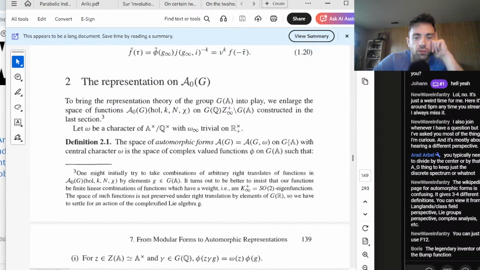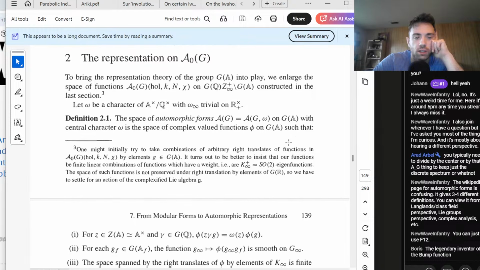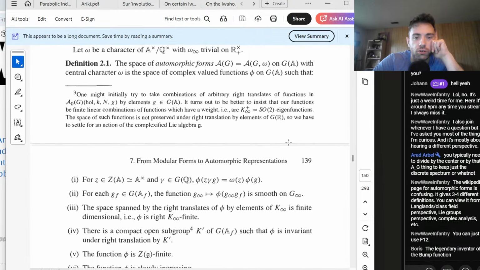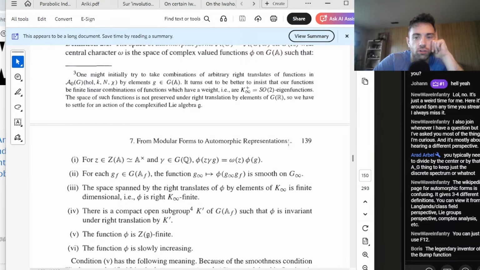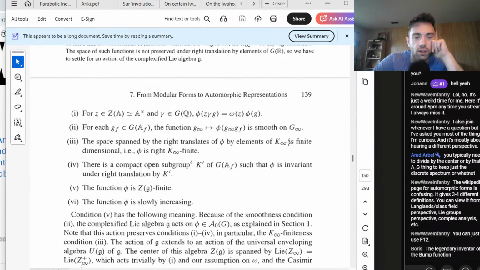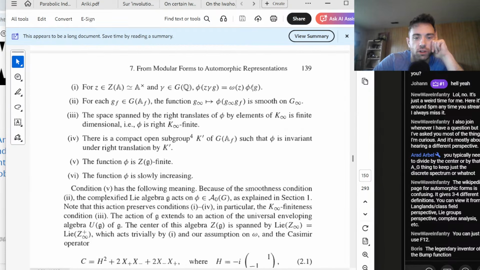So the space of automorphic forms on GA with this central character is a space of complex valued functions on GA, such that we have this transformation rule for every finite adele. This thing is smooth. This determines the smooth function on the Lie group part. Yeah, this is the definition that I think of.